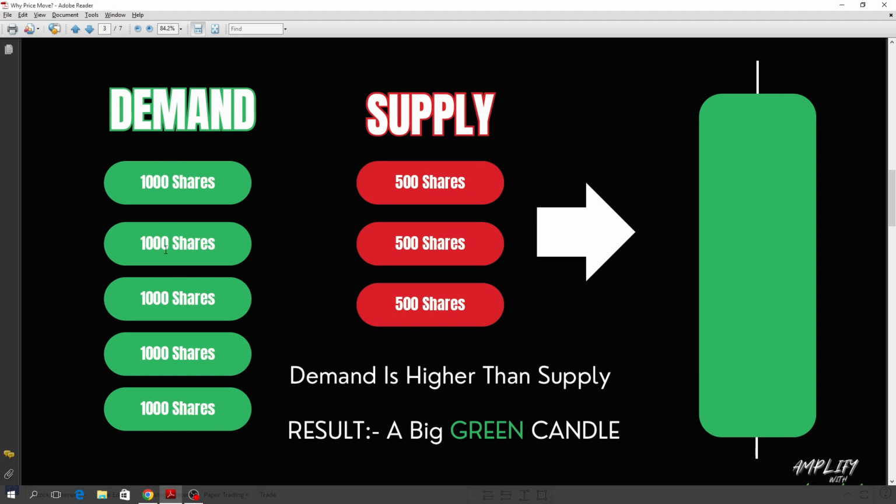Here we are having 5,000 shares to be bought, but we are only having 1,500 shares to be sold. So on the selling side we are having 1,500 shares, and on the buying side we are having 5,000 shares. What does it say? It says that demand is higher than supply. So what will be the result of this equation? The result will be a big green candle.